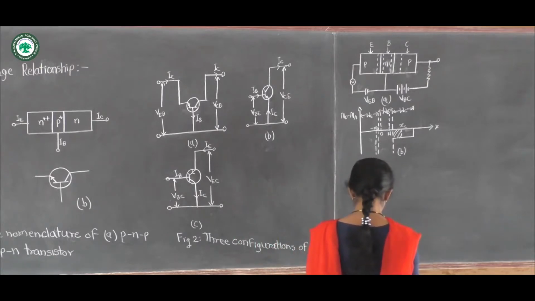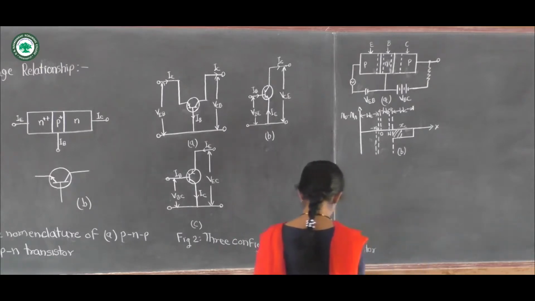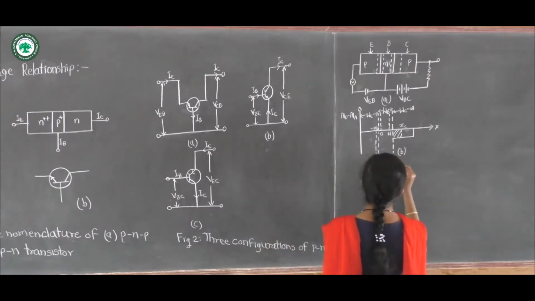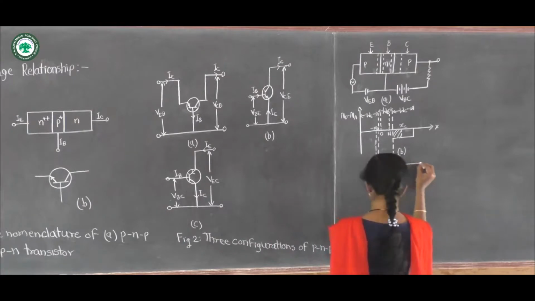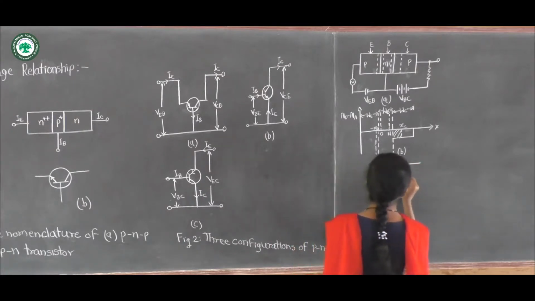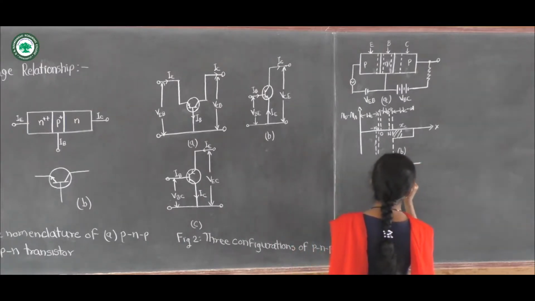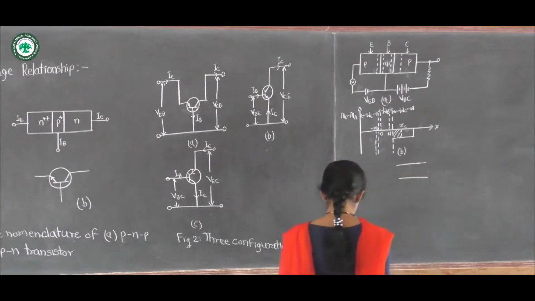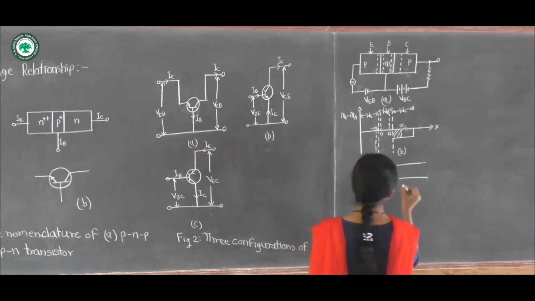Then we will draw the band diagram of the PNP transistor under normal operating condition.